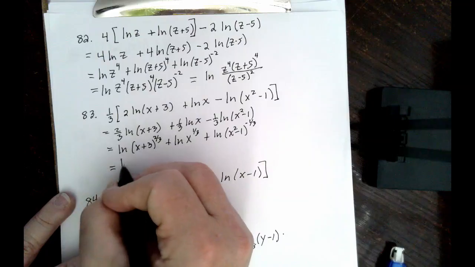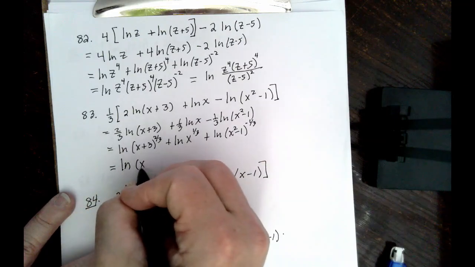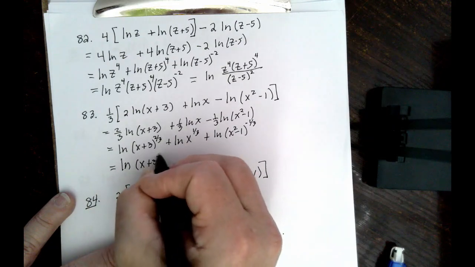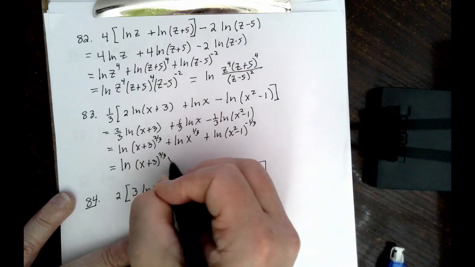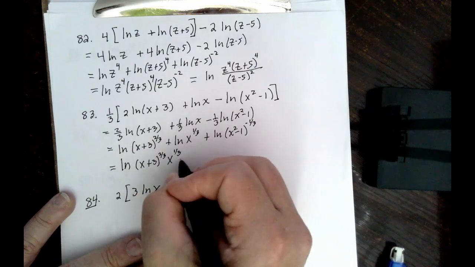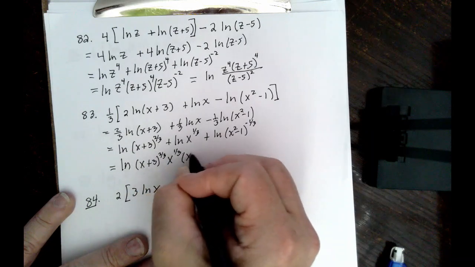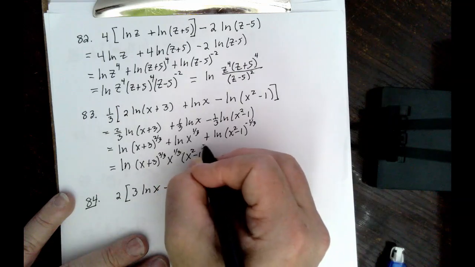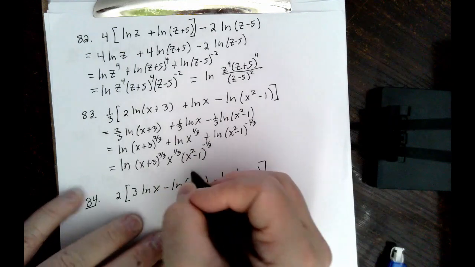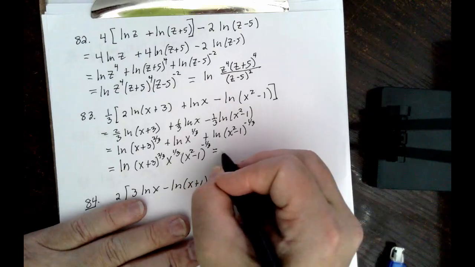Since they're all being added, you can multiply them. And that negative 1/3 will cross the fraction bar to make it positive 1/3.